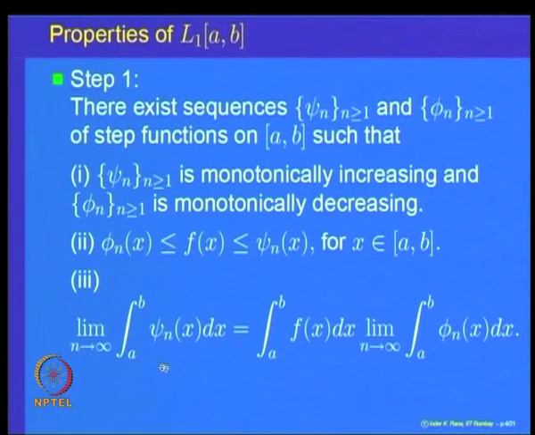So, that means the Riemann integral of psi n converges to the Riemann integral of f, and which is also equal to the limit of the Riemann integral of phi n. This construction is purely from the fact that the function f is Riemann integrable.